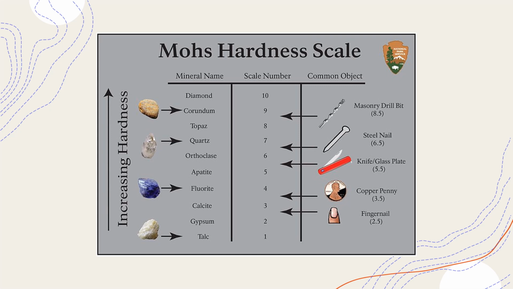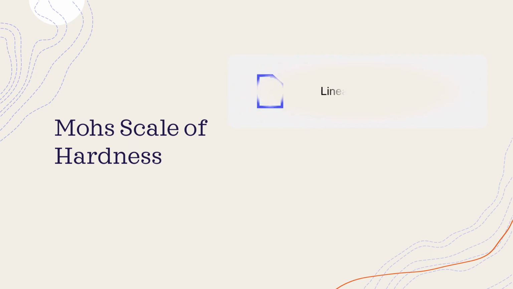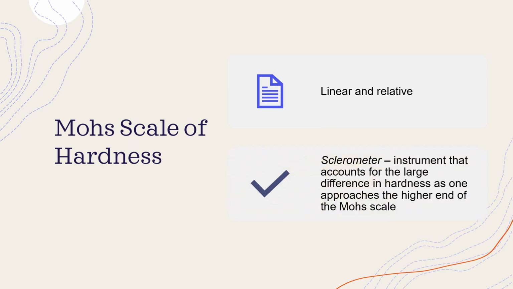Next, we have to take note as well that the Mohs scale of mineral hardness is linear and is considered a relative scale. For example, the scale suggests that corundum, which is 9 on the Mohs scale, is 1/2 as soft as diamond, which is 10.